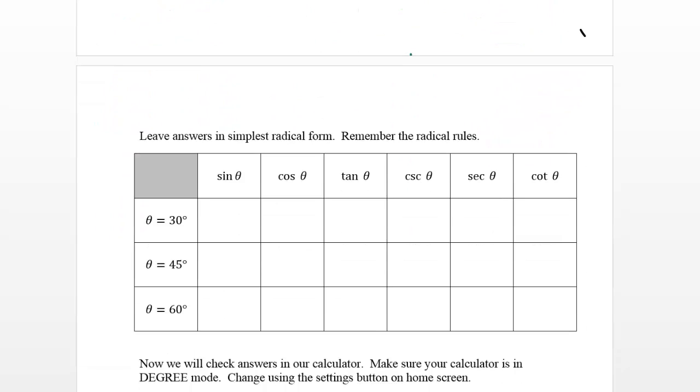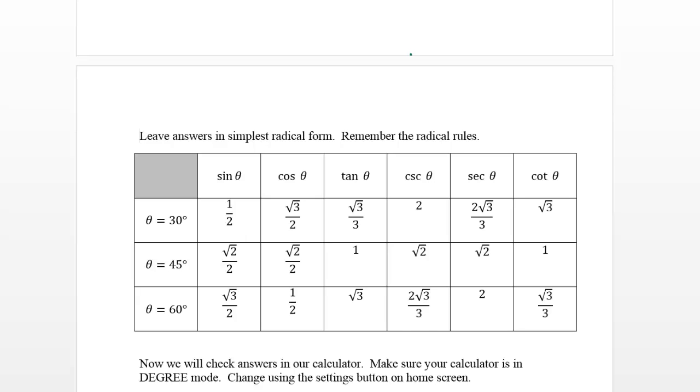And so I would fill this in with 1/2. And so what I want you to do at this point in time is fill in all of these boxes in this table for sine, cosine, tangent, cosecant, secant, and cotangent of each of these common angles from these special right triangles. So go ahead and do that right now.